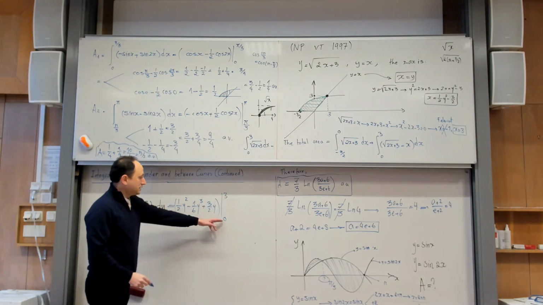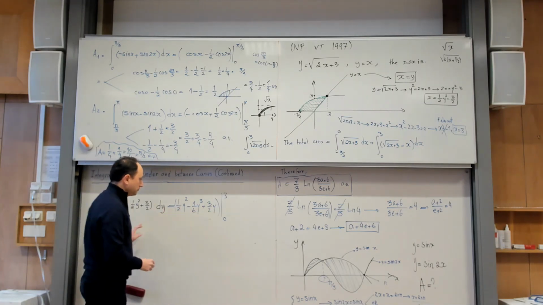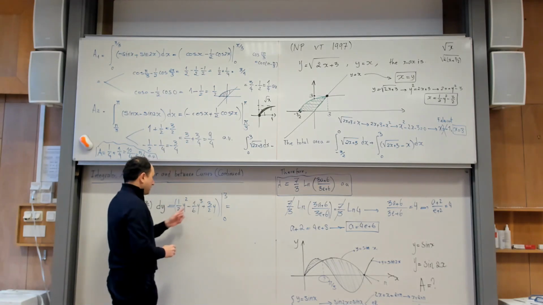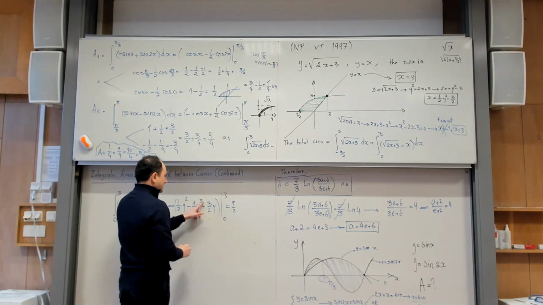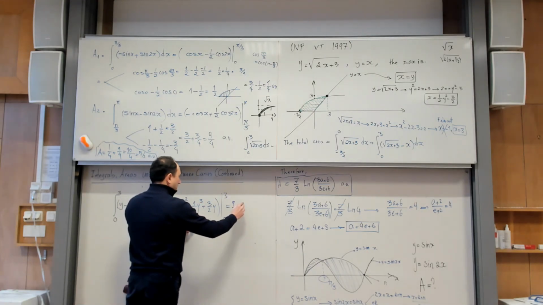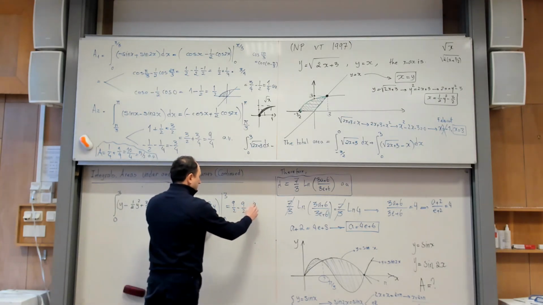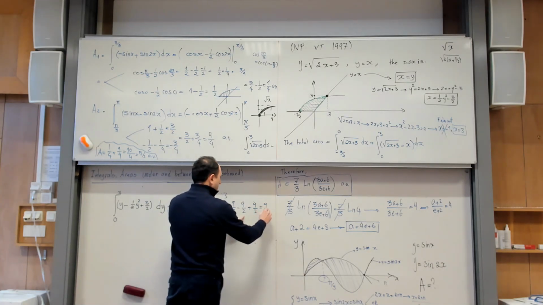The good point is that I don't need to bother about 0 at all, because when I replace y with 0, everything vanishes. And then I put 3 here, so it becomes 9/2. I put 3 here, 27/6, which is 9/2, and plus 9/2. And then I calculate, it becomes 9 area.